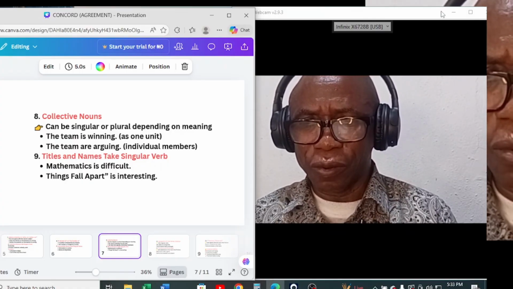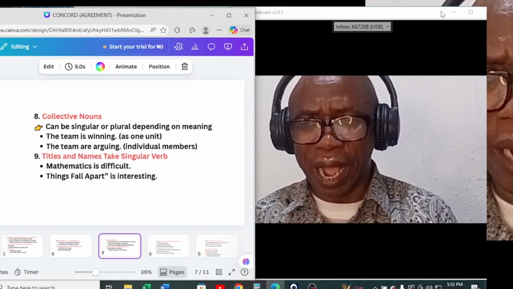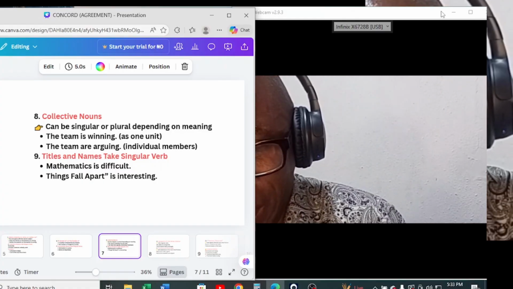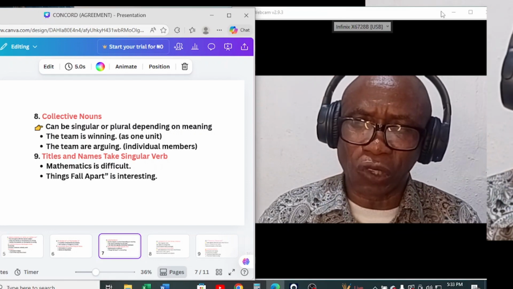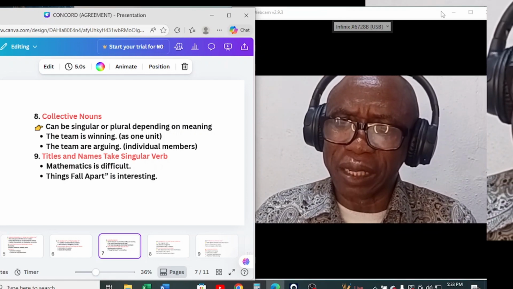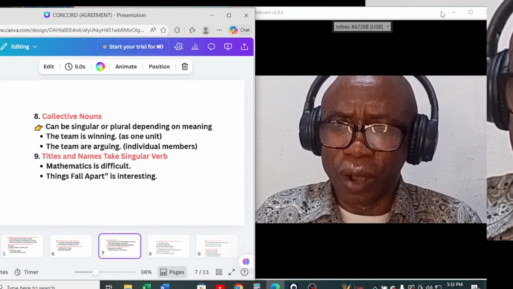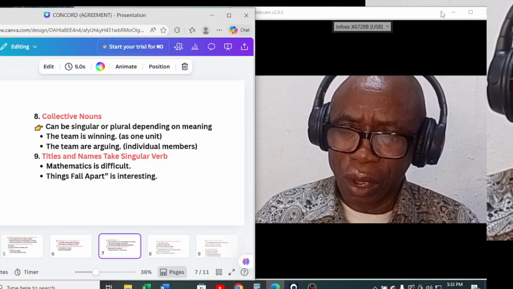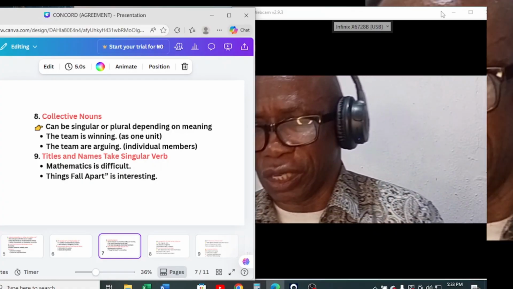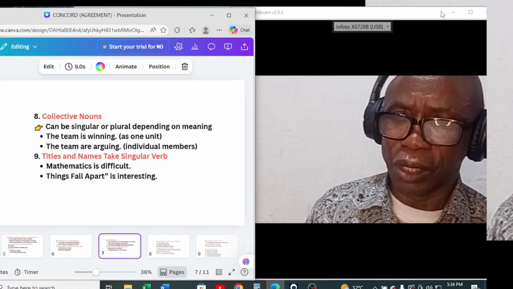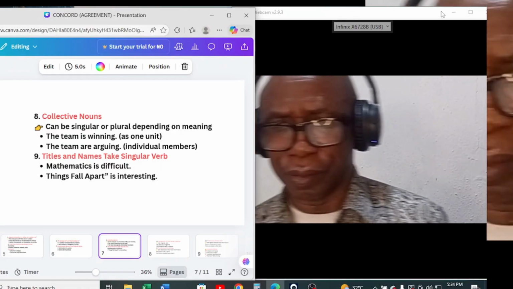That is, the meaning here is that the team comprises 10 or 11 members of the football team. The team is winning. But we can say the team are arguing when we are talking about individual members. Or maybe we have more than one team: team A, team B, team C. Then they become the team are arguing.